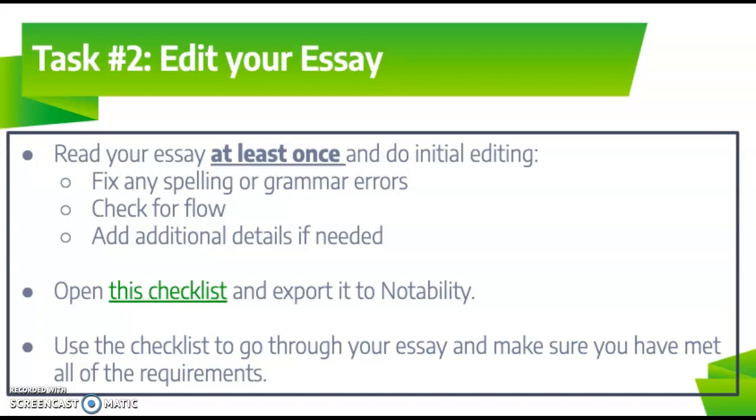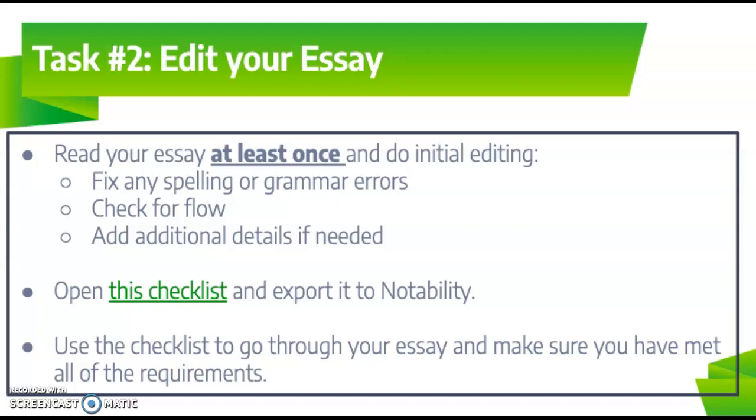First, you're going to read your essay at least once to do initial editing. You know we've chunked this up and written one paragraph at a time, so it's likely that there are small errors that you can fix really quick. Read through it at least once, looking for any obvious spelling or grammar errors. You're going to check for flow. All that means is that it makes sense together.